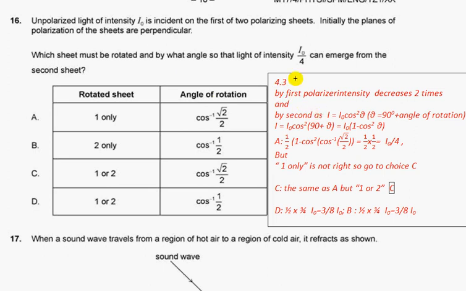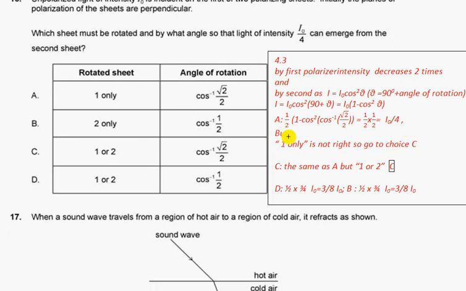Section 4.3 gives us what happens going through the second polarizer. Remember, the first polarizer decreases intensity 2 times. The second, by the Malus formula, and because the angle is 90 plus the angle of rotation, we convert it into this expression to see whether it works or not. Then we have A.